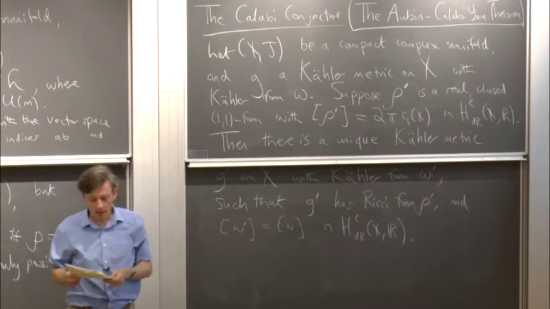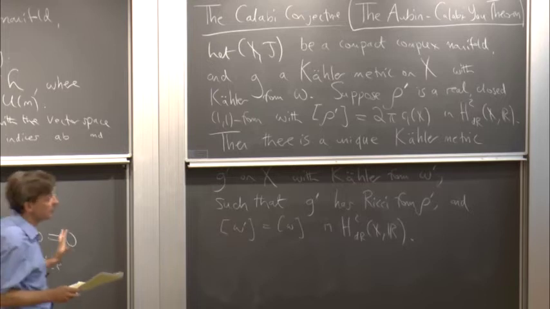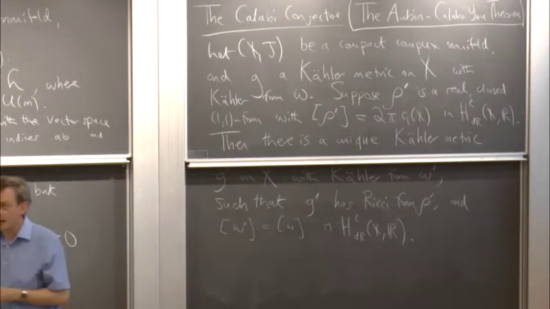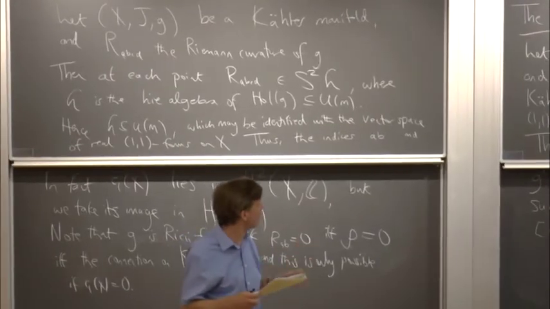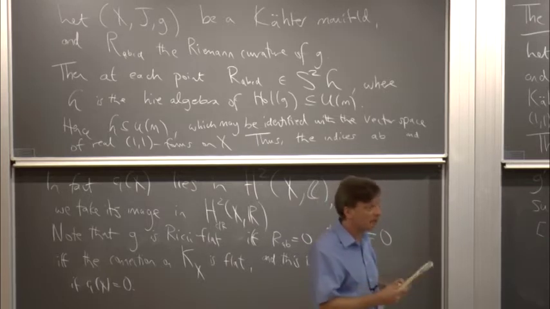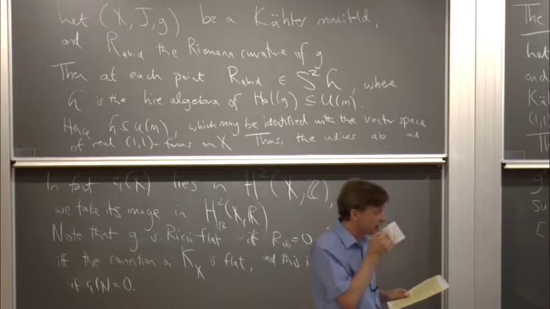Okay, so the conjecture was posed by Calabi in 1954. Actually, Calabi screwed up. Initially, he published a proof of the Calabi conjecture, so he published it as a theorem, and it was fairly soon realized that there was a gap in the proof. So then it became known as the Calabi conjecture.